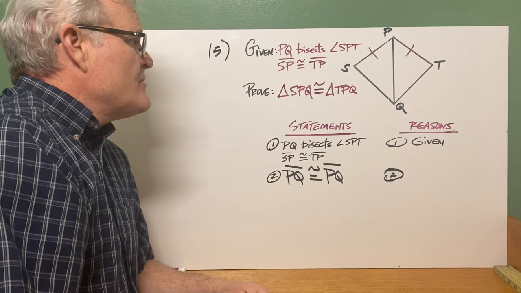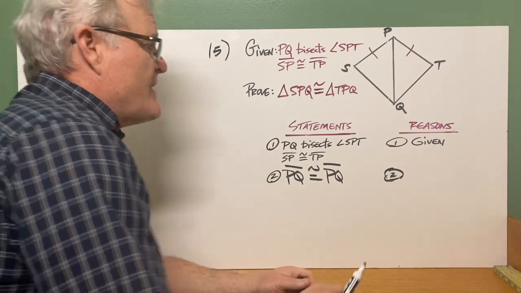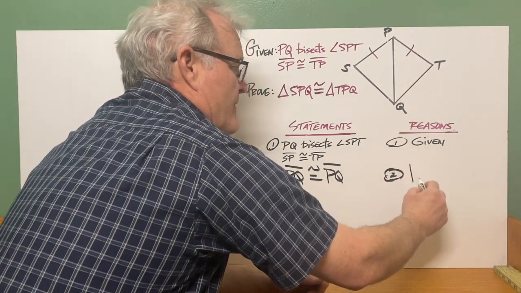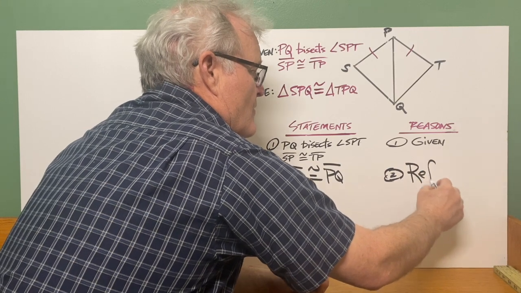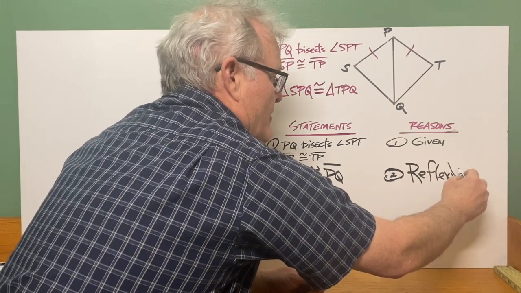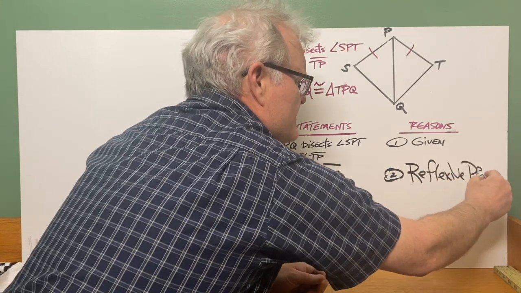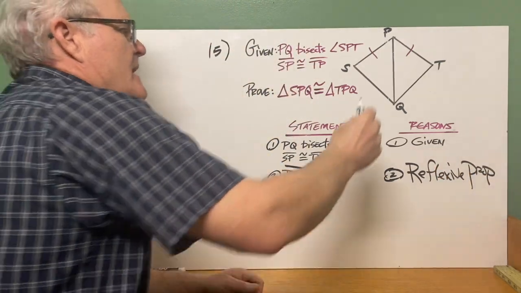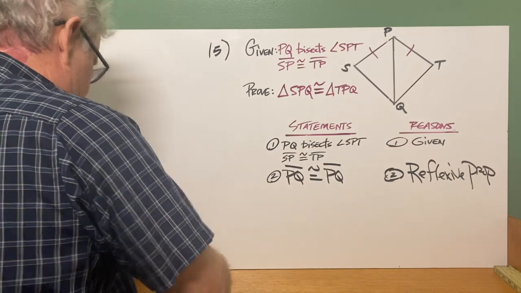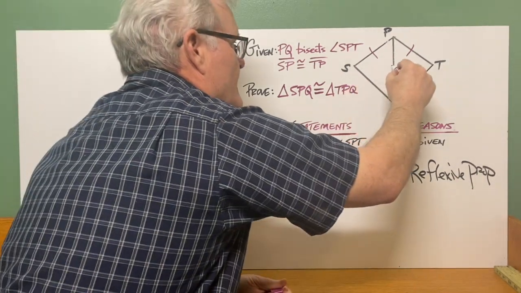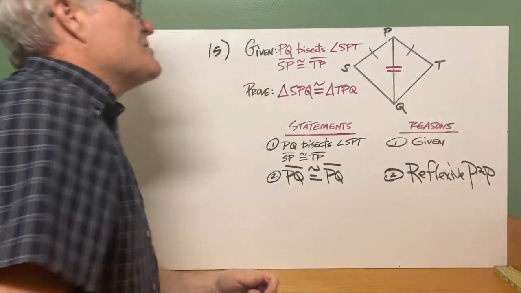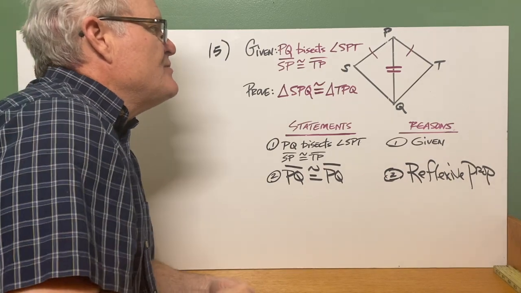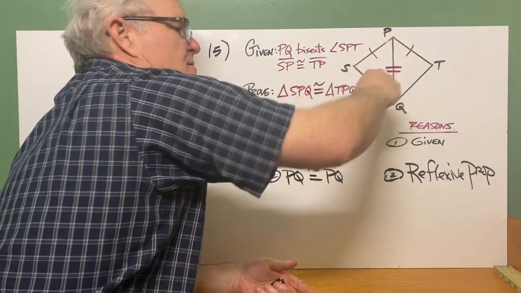So PQ congruent to PQ, the reason for that, remember, when something's congruent to itself, that is the reflexive property. Okay. And if I mark that on the picture, I'm going to mark that with 2 slashes here.